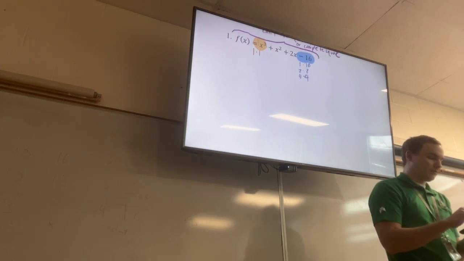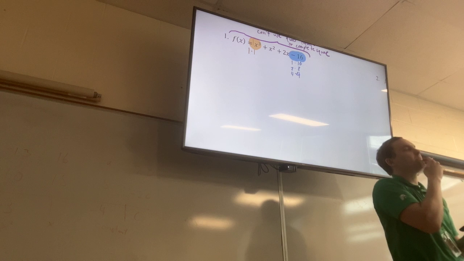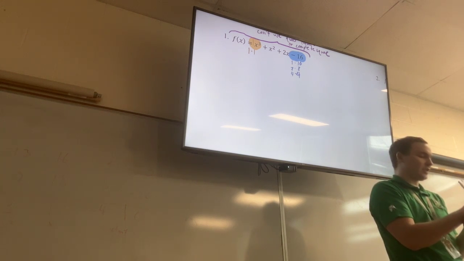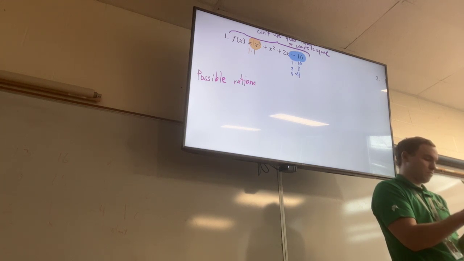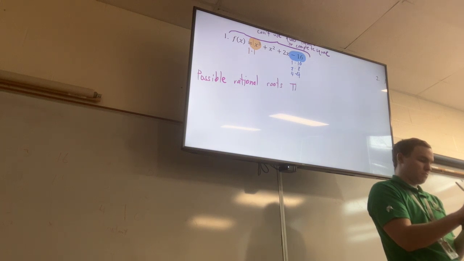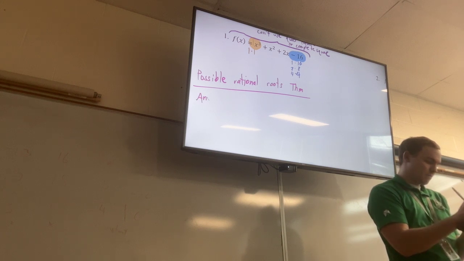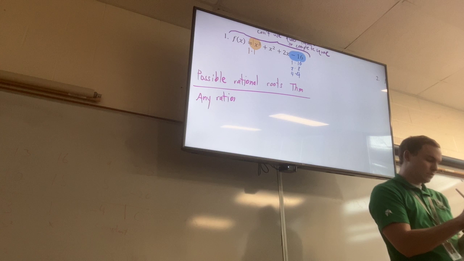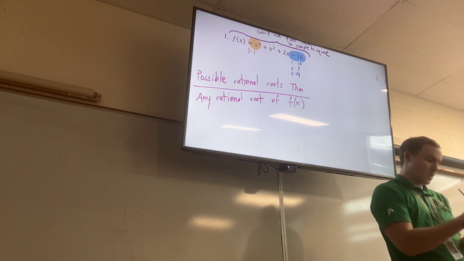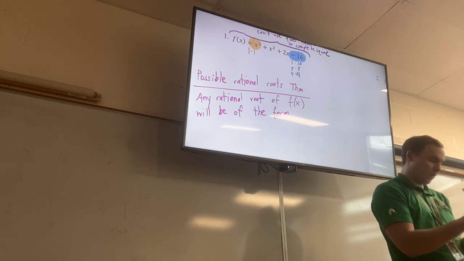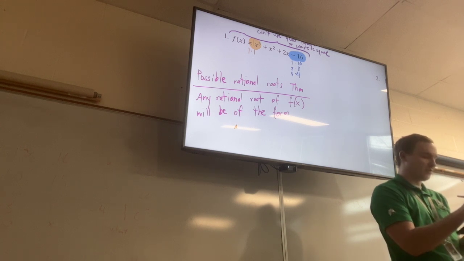What the possible rational roots theorem says is that any rational root of f of x, this polynomial, will be of the form a blue number over an orange number.